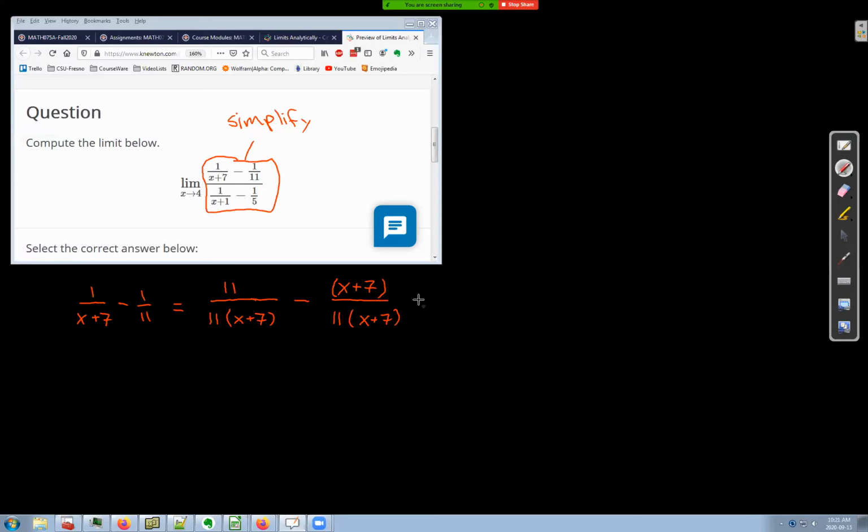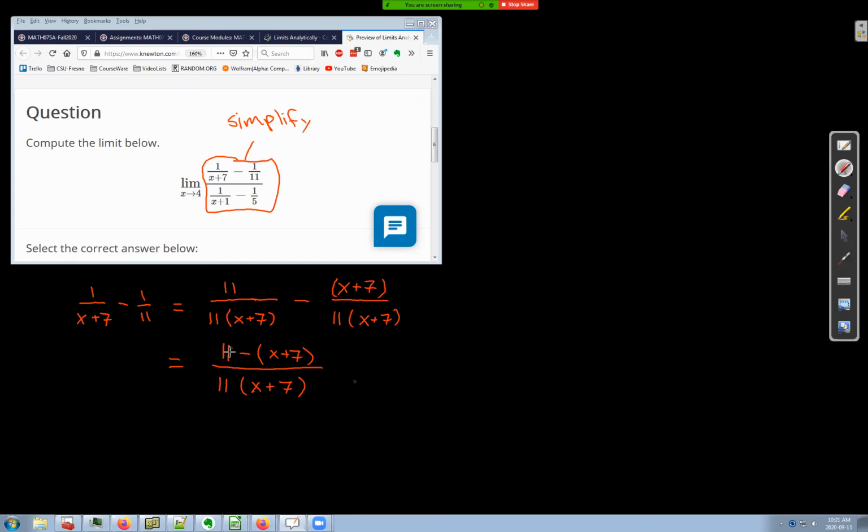And then now I've got a common denominator, so I can combine those fractions. So I get 11 subtract x plus 7 over 11 times x plus 7.